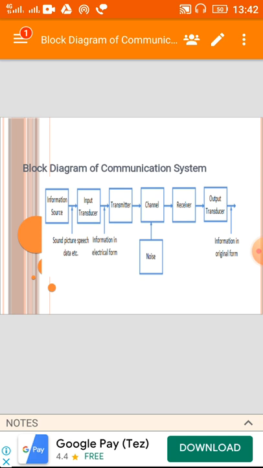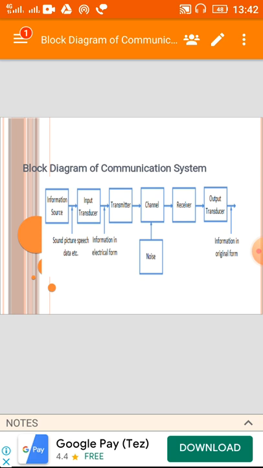And the last block is destination, which is the final stage used to convert the electrical message signal into its original form. For example, in radio broadcasting, the destination is a loudspeaker which works as a transducer, that is, it converts the electrical signal into the form of original sound signal.